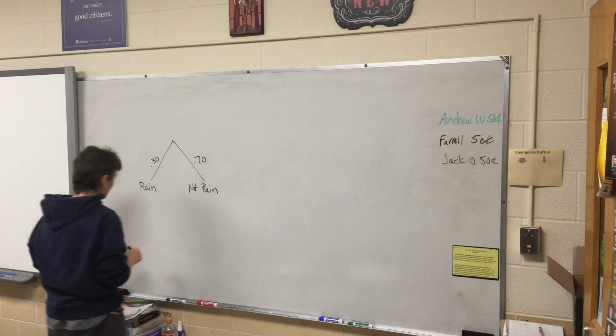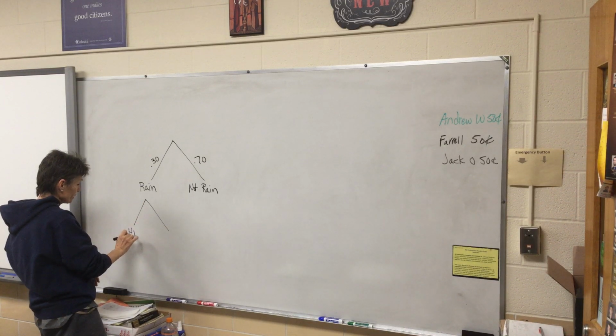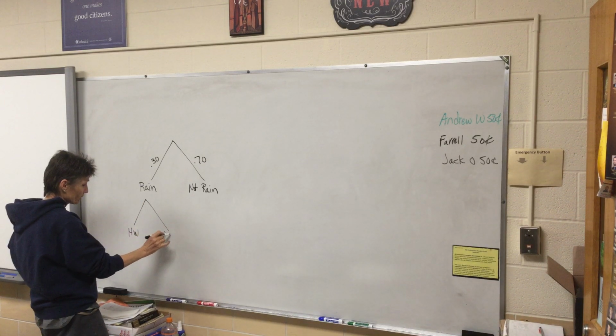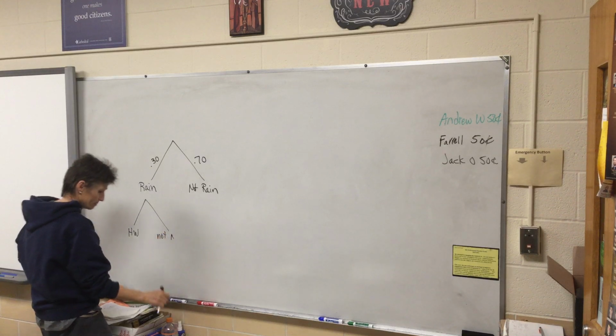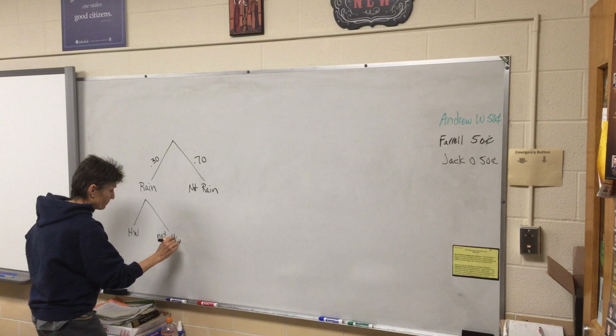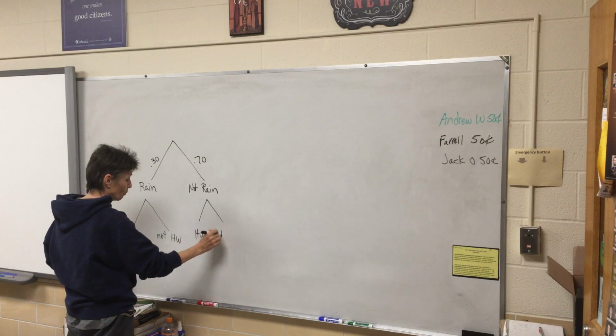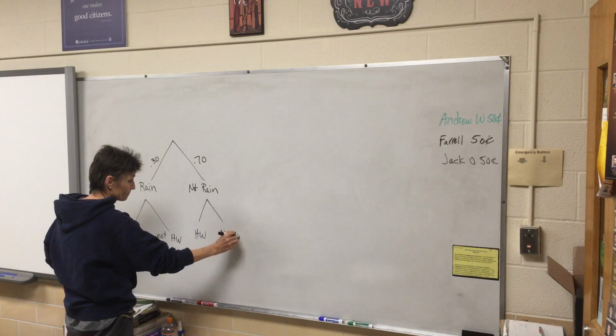Now, Joe's got to either do his homework or not do his homework. And that's every day. Whether it rains or not, he has to choose to do his homework or not do his homework.